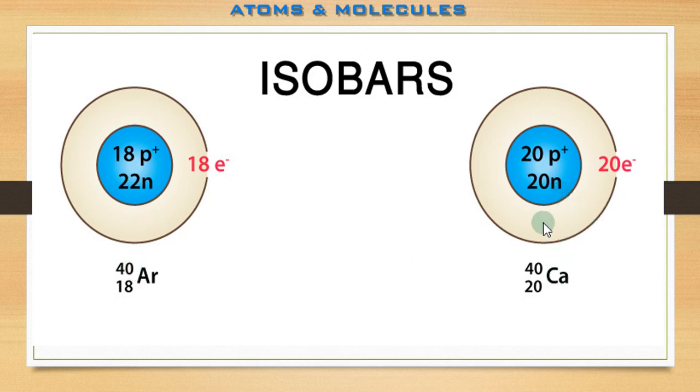See this picture. Here 20 protons, 20 neutrons and 20 electrons. So protons and electrons are the same, right? So atomic number 20, and 20 plus 20 is 40. So mass number is 40. Have you understood? So here both are different elements, but earlier we studied both are the same element. Here both are different elements, so different elements may have the same mass number or atomic mass. Have you understood?